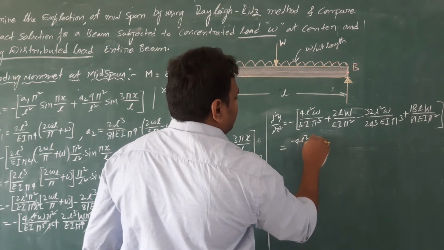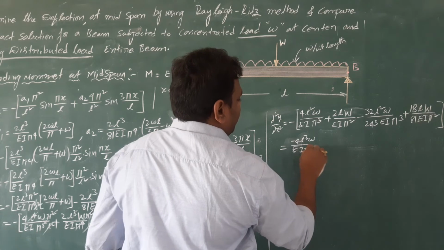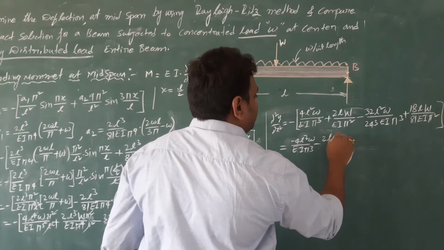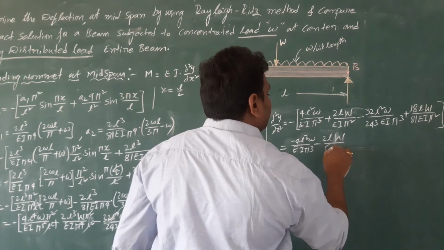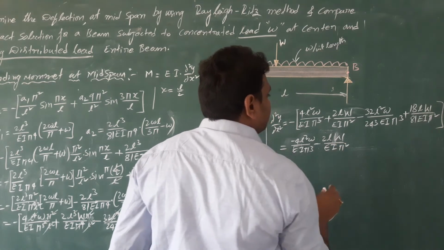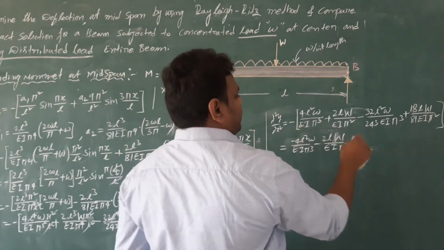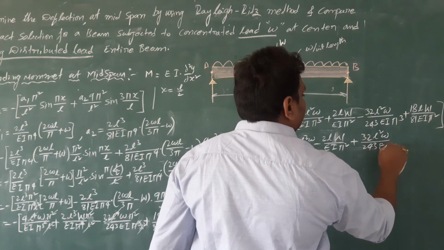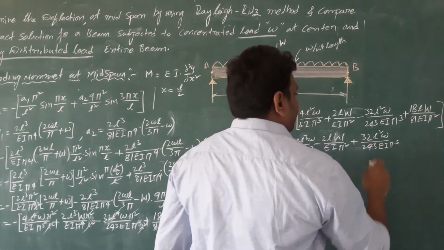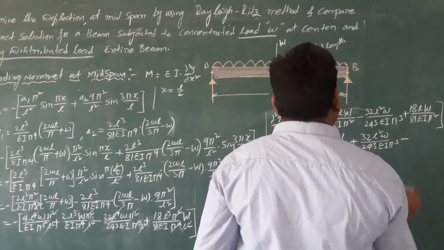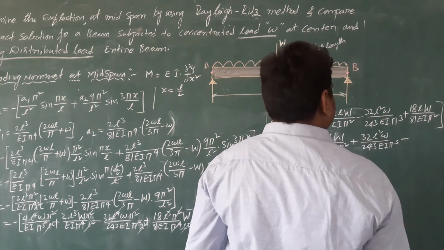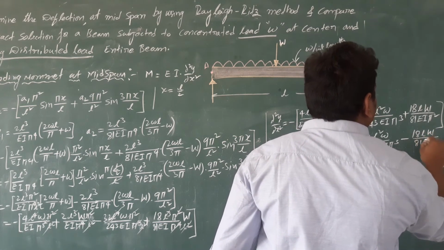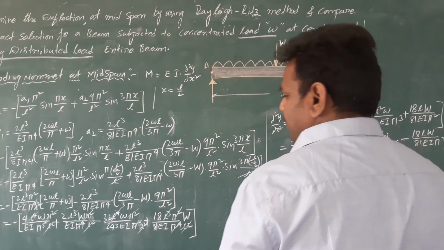Minus 4L square W by EI pi cube, this one is minus 2L capital W by EI pi square, this one is plus, minus into minus plus 32 L square W by 243 EI pi cube, and minus into plus minus 18 L capital W divided by 81 EI pi square. Okay.